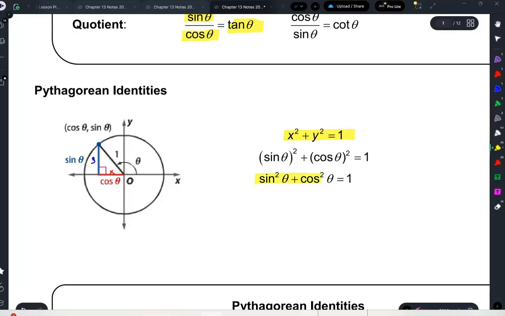And then from that, we get this with the sine and cosine, and this is called the Pythagorean identity. Okay, so let's talk about this word identity. In math, a trigonometric identity is when you have two trig functions that are equal to each other.